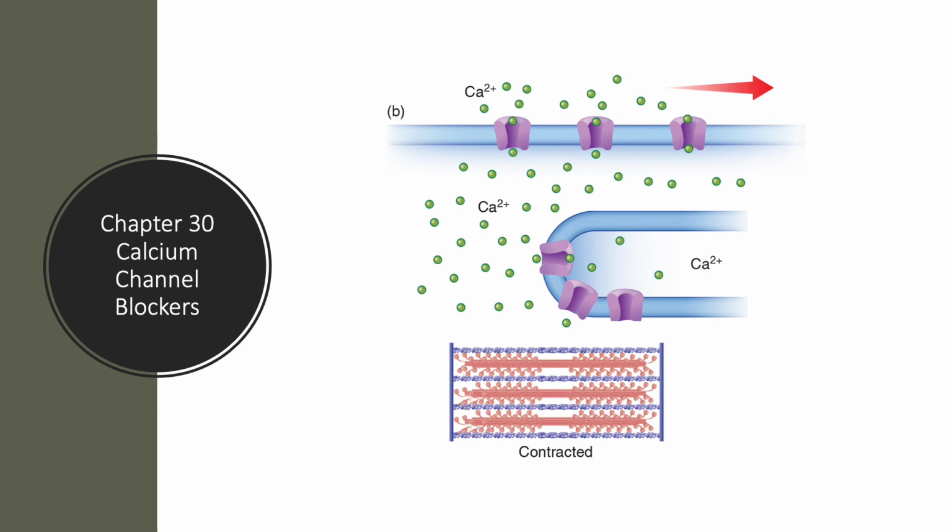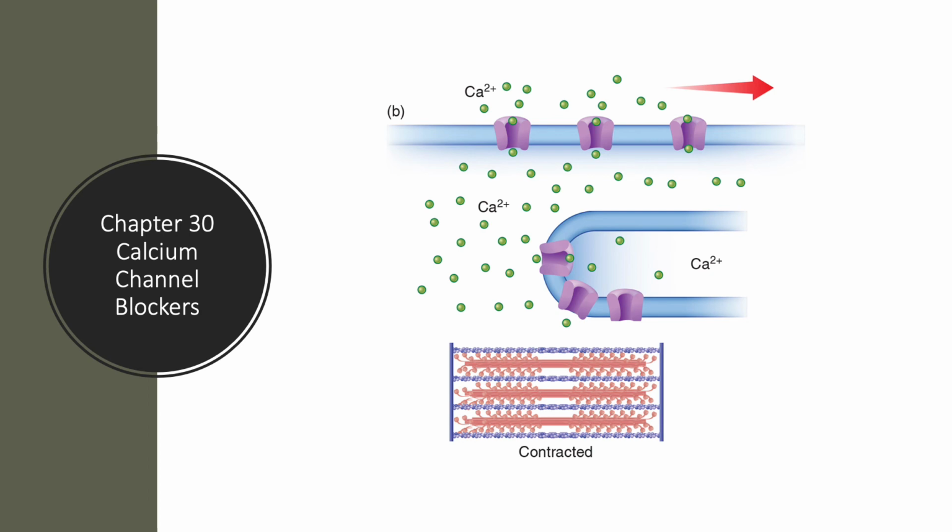So calcium is involved in vasoconstriction. So assuming there's no calcium channel blocker around, calcium helps the smooth muscle of the arterioles vasoconstrict. And when you vasoconstrict, you get a higher blood pressure.